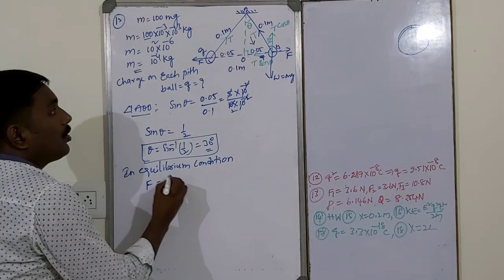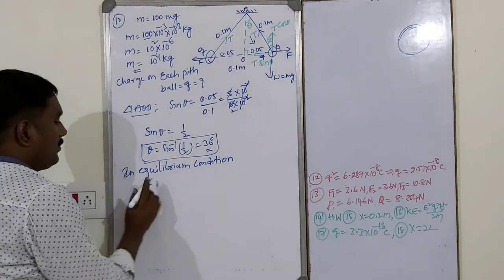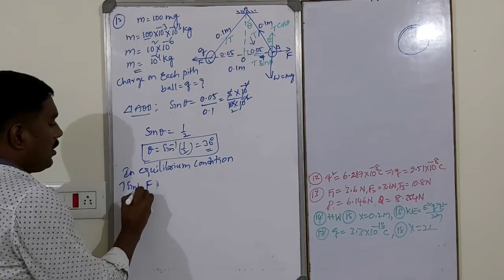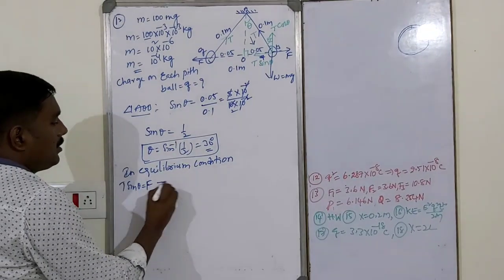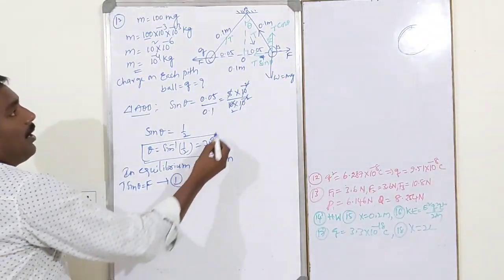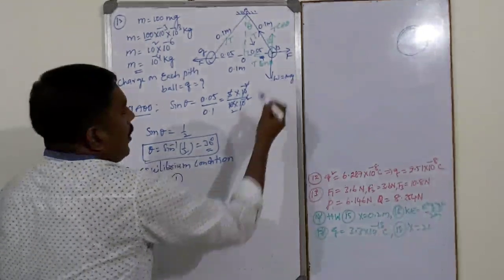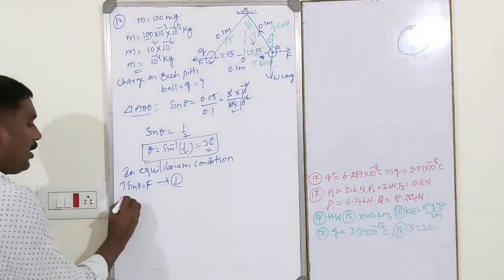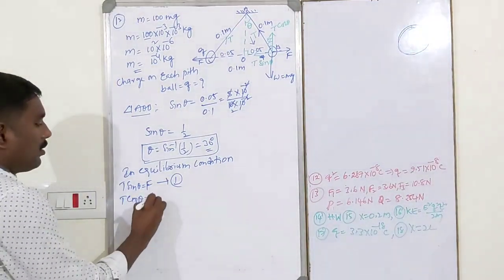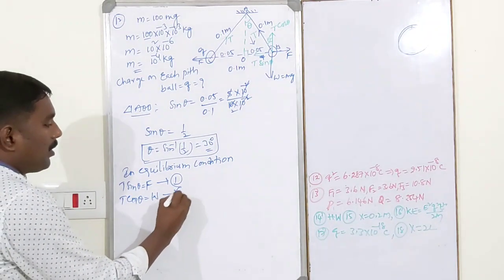Then F is equal to what? T sin theta. So T sin theta is equal to F. This is equation number 1. And also T cos theta balances the weight of the body. So T cos theta is equal to W. This is equation number 2.